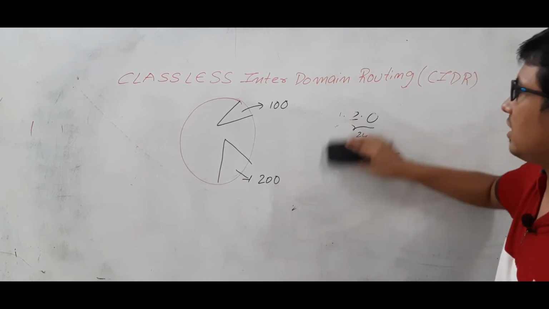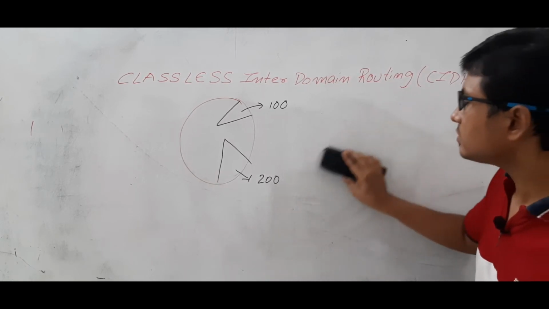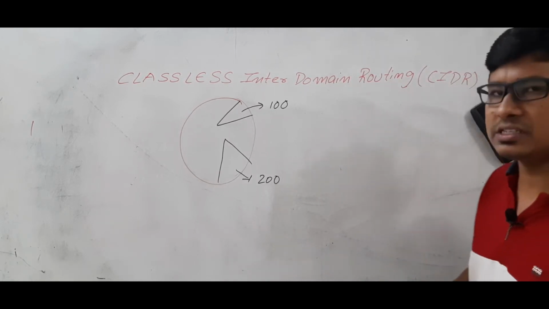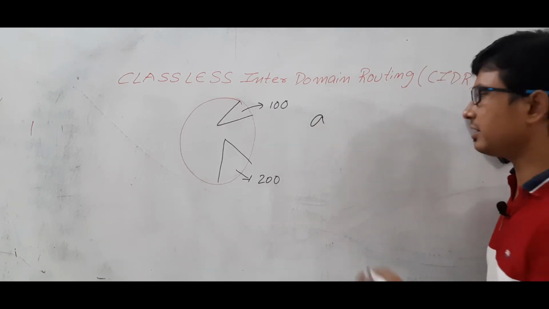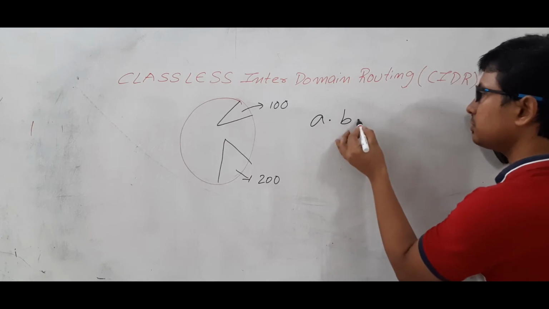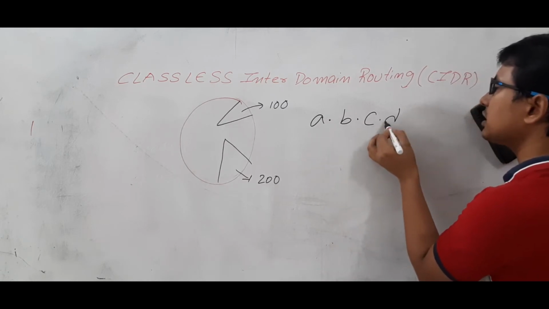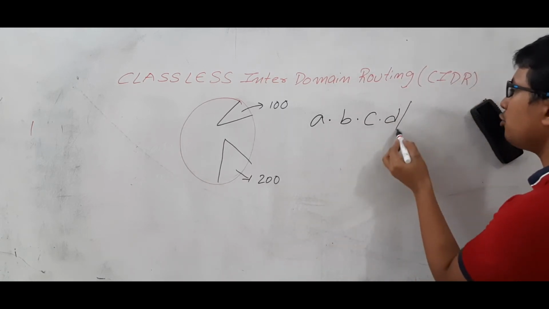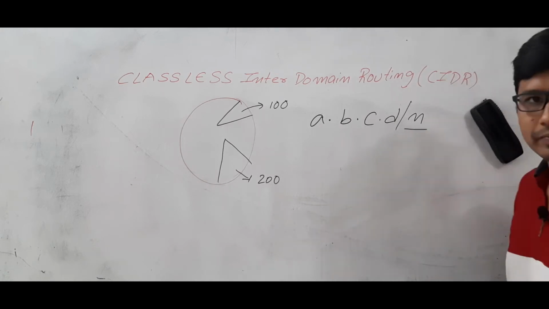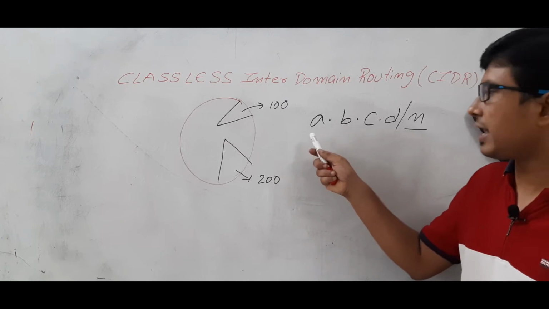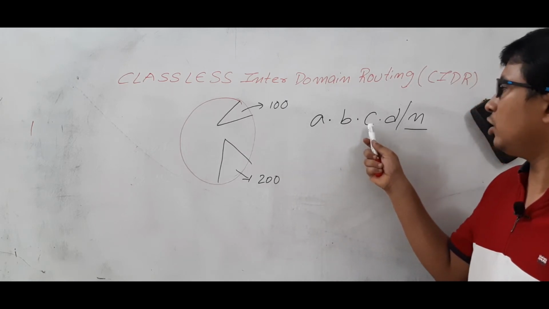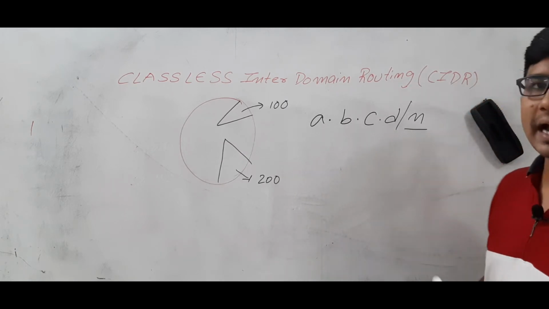When it comes to the classless IP address, the IP address will be represented in dotted decimal. Obviously, any IP address is represented in dotted decimal. Then you can ask me, what is the difference here? The classless IP address will be represented as a.b.c.d/n.